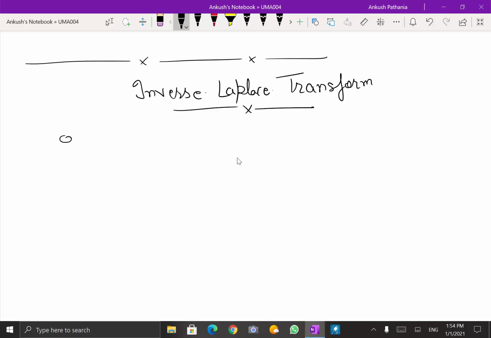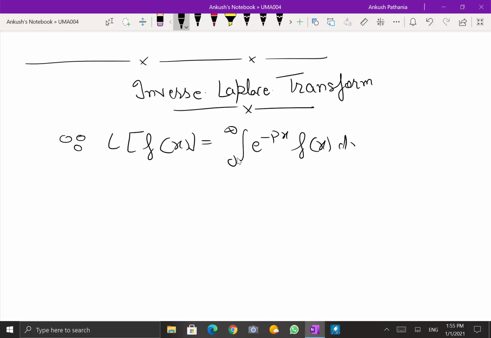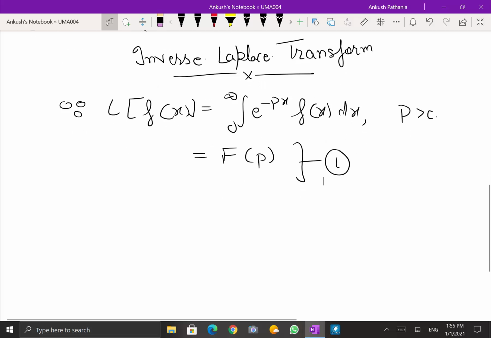Remember that we have the Laplace of f(x), which we define as the integral from 0 to infinity of e raised to power minus px times f(x) dx, for p greater than c, and we represent the result in the form of some function of p. This is what we call the Laplace transform F(p), and here L is the Laplace transformation.